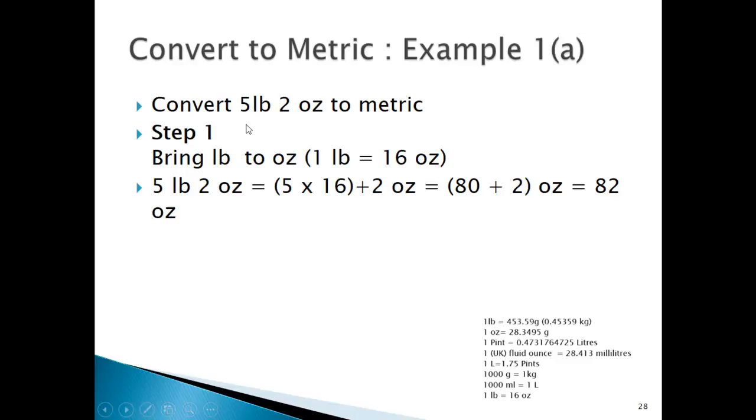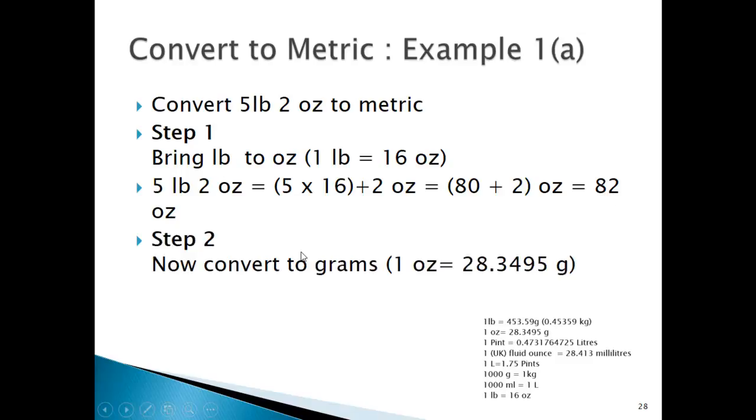Okay, so that's step number 1. You start off with pounds and ounces and bring it all to ounces. We now have 82 ounces. That's the same as 5 pounds 2 ounces. Step number 2, convert across to grams. In the chart, it tells us that 1 ounce is the same as 28.3495 grams.